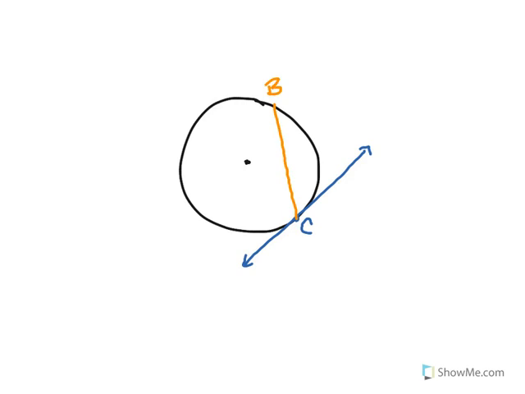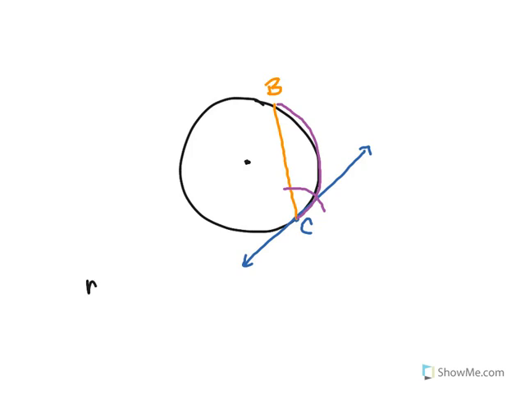So what's interesting about this is that if you have this situation where you have a chord that's touching the point of tangency, then this angle has a very special relationship to the arc that is measured between it. So this angle is being related to arc BC. And the way that it's related is by this.